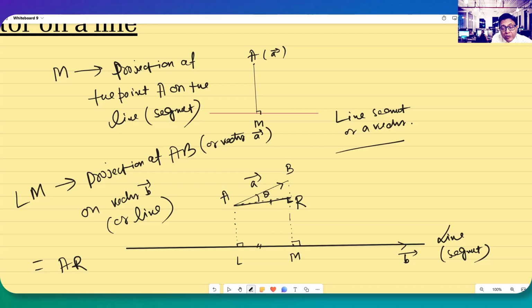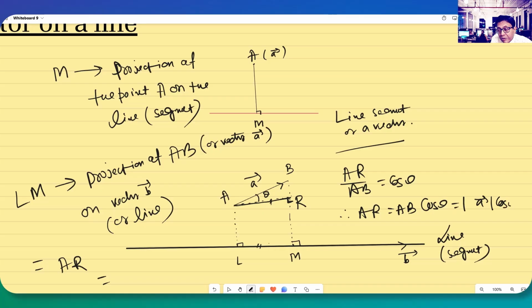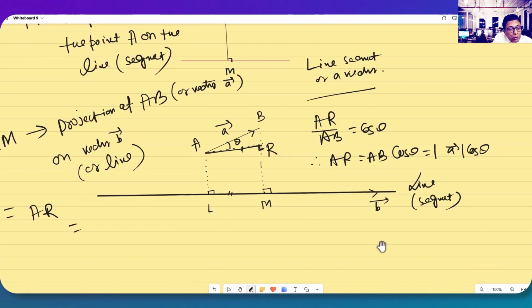So AR going to be equal to LM. So LM equal to AR, in this diagram you can see that AR by AB equal to cos theta, therefore AR equal to AB cos theta. This is nothing but mod A cos theta. So AR equal to mod A cos theta, which we can rewrite as A dot B by mod B.